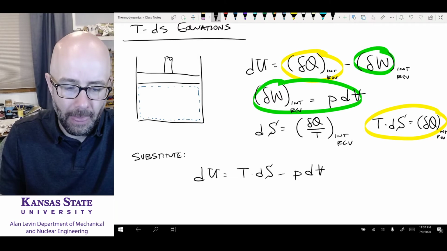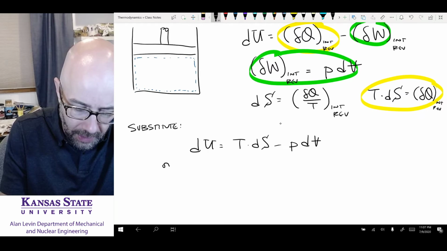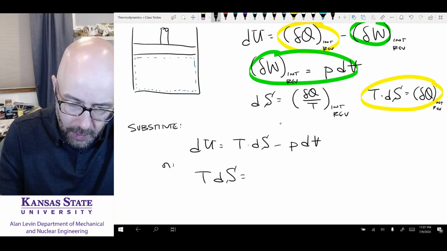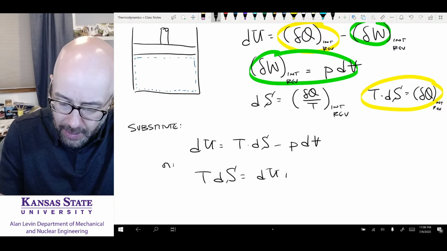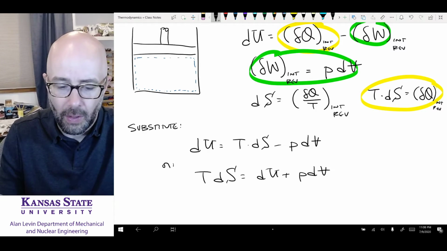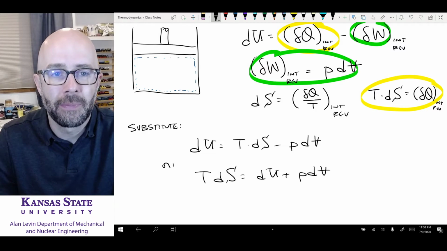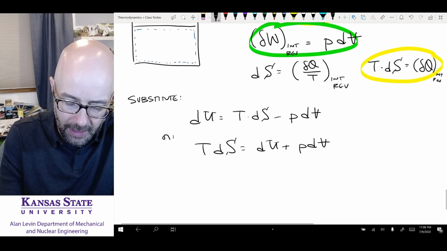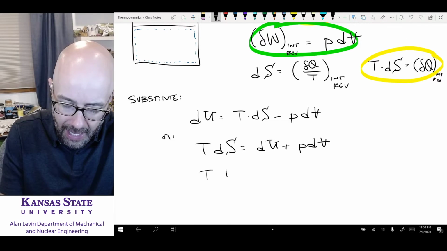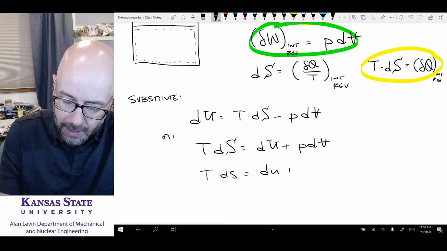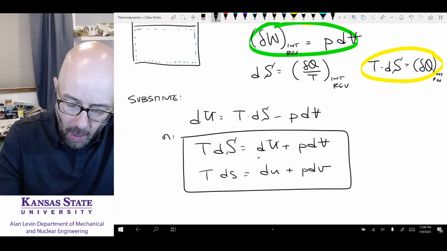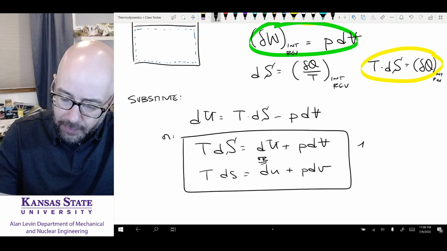Or I can write that T dS is equal to dU plus P dV. And this is our first TdS equation. We can write it in lowercase, using math here: T times dS is equal to dU plus P dV. This is our first TdS equation.